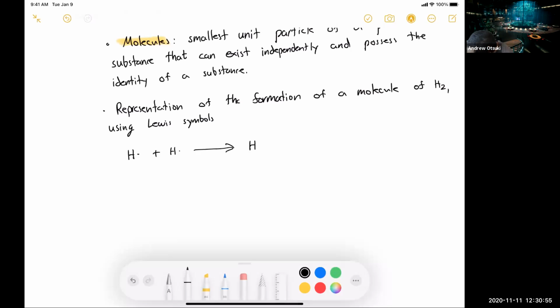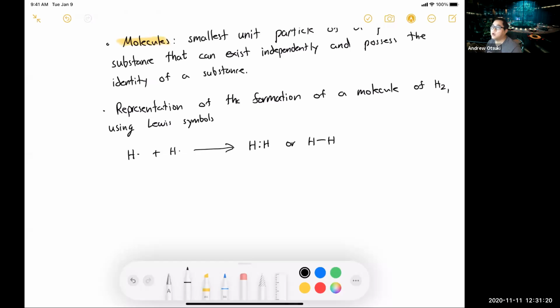They pair with each other to form an H dot dot H molecule. Or you could write it as a line, symbolizing that the electrons are attracting the nuclei of the hydrogen atoms to each other, creating that bond or attractive force between the two atoms.